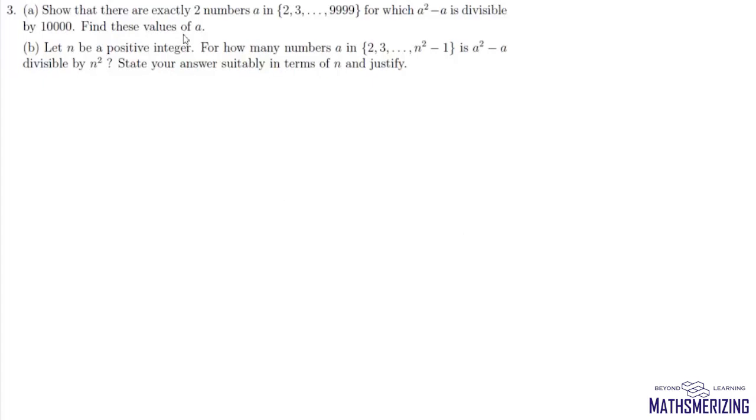Now question number 3 is, show that there are exactly two numbers a in 2, 3 up to 9999 for which a square minus a is divisible by 10,000. Now we know that this 10,000 is 2 to the power 4 into 5 to the power 4. And we can write this a square minus a as a into a minus 1.